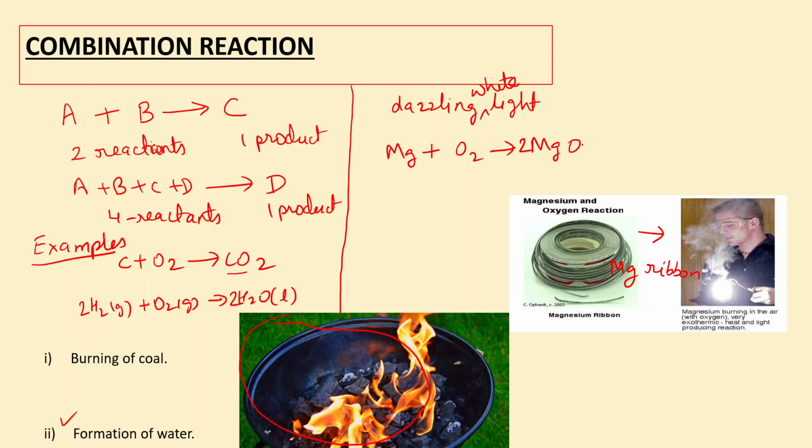You can balance it as I told you in the previous class. This is solid, this is gaseous, this is solid. So this solid combines with air and forms ash. What is this ash? This is magnesium oxide. So this is again a combination reaction because 2 reactants are combining to form a single product.